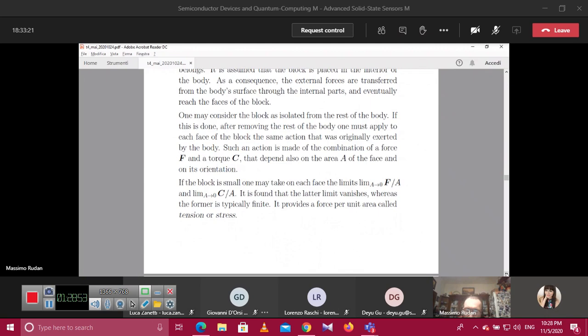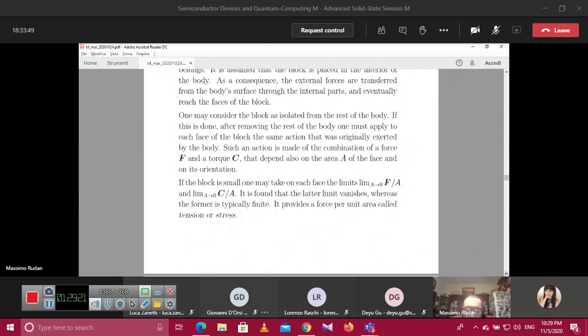So it is found that the torque per unit area is an infinitesimal of a higher order, as you go to zero, than the force per unit area. Eventually this is reasonable because the torque is proportional to a length.